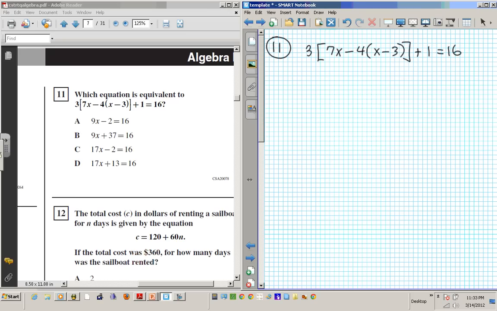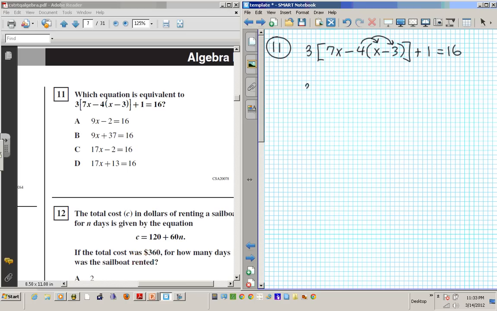So for this one, we have to start from inside the parentheses and work our way out. Okay? Alright, so let's start from the inside. Let's distribute the parentheses on the inside first. So minus 4 to these two quantities here.